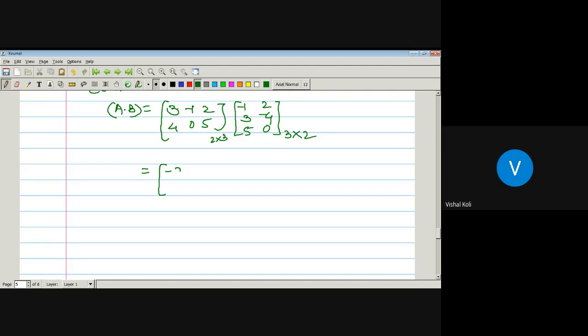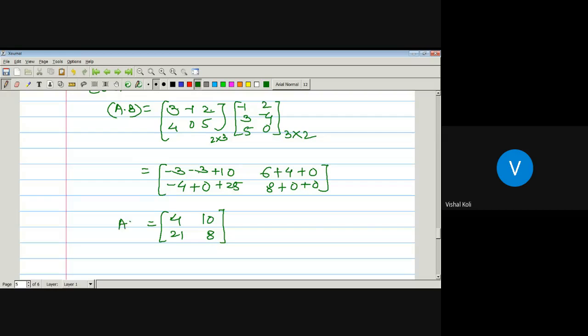Multiplying row by column, we get -3 - 3 + 10 = 4, 6 + 4 + 0 = 10, -4 + 0 + 25 = 21, 8 + 0 + 0 = 8. So here we get A into B as this matrix.